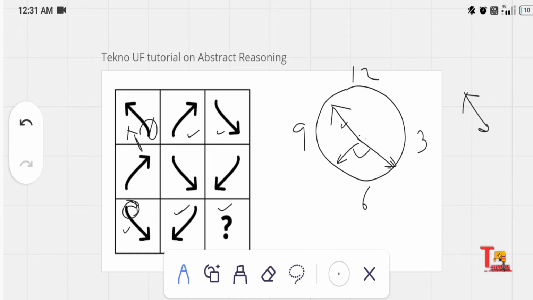And one thing to remember, you have to first go through it row wise to see if the logic is maintained or not. You have to observe that. If not, then go towards column wise, right? If the logic is maintained, then apply the same logic to all rows or all columns.